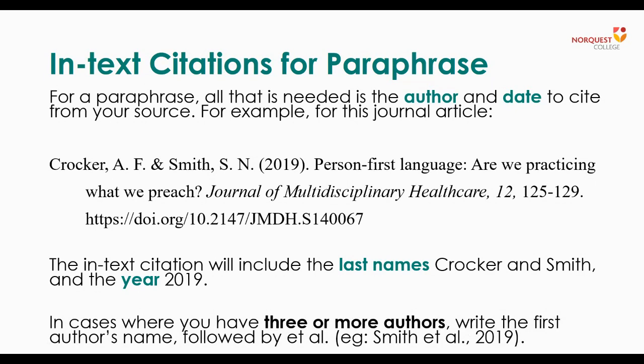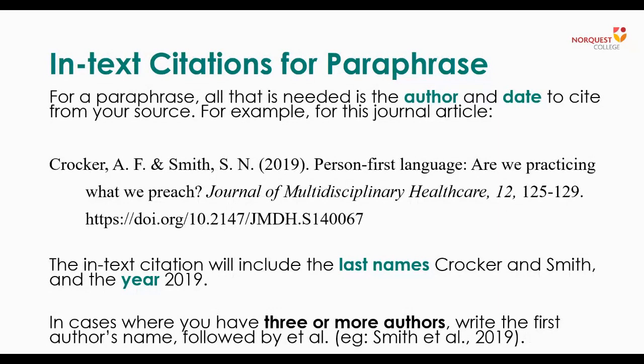If you run into a scenario where you have 3 or more authors, in that case, we're going to write the name of the first author followed by et al., which means and everybody. So you get to take a little bit of a shortcut in those cases, and I've included an example here.